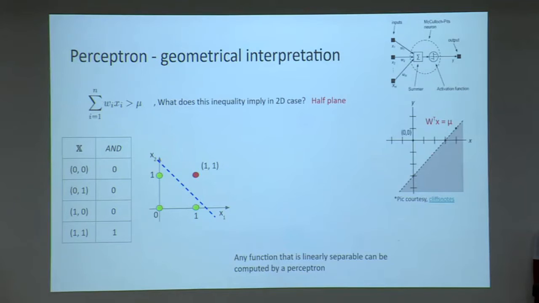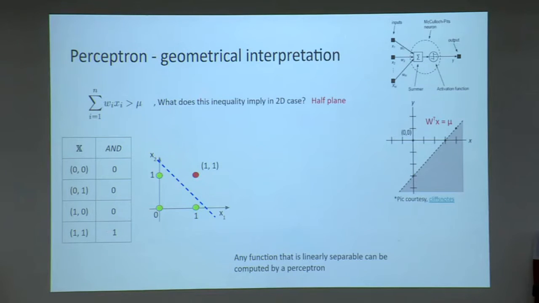For example, the AND gate. The AND gate has this kind of logic table where when both the inputs are 1, it will give 1. Otherwise, it will give 0. If I draw it, this corresponds to 0,0. This one is 1,0. This is 0,1. And all of them should be labeled 0, and only this 1,1 should be labeled 1.